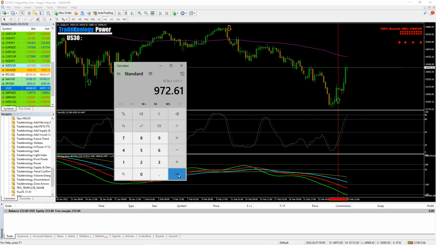At the low end, that's just doing a micro lot, which is 10 cents per pip. If I would have done a mini lot, which is $1 per pip, that's a $9,726 trade. If I would have done a standard lot, which is $10 per pip, that's a $97,260 trade. And I slept on it.